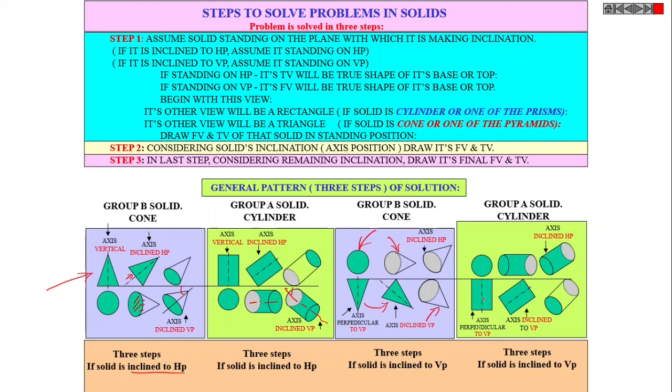Then we can tilt this top view like this, and we can provide inclination with VP first. Then after that we can tilt this front view. Then we will get the final view of the solid like this.